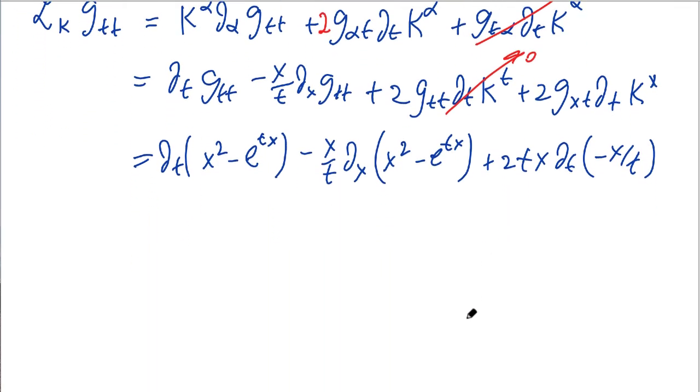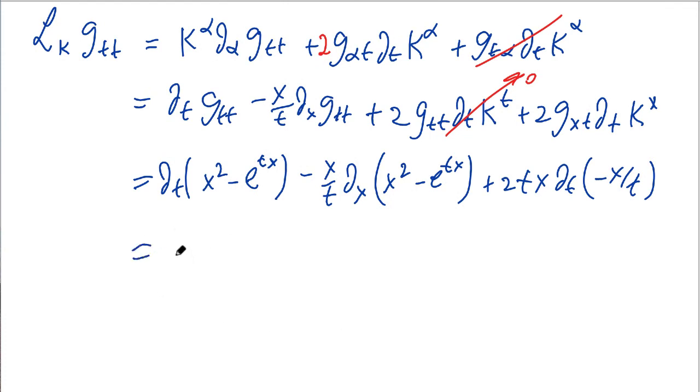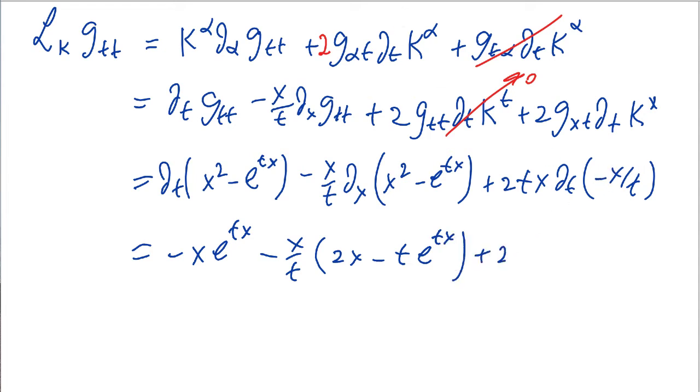Now let's simplify this result. We have minus x e to the power tx minus x over t times 2x minus t e to the tx plus, we have a minus sign here, let me go ahead and bring that out. We have minus 2tx times the derivative of x over t, which is minus x over t squared.